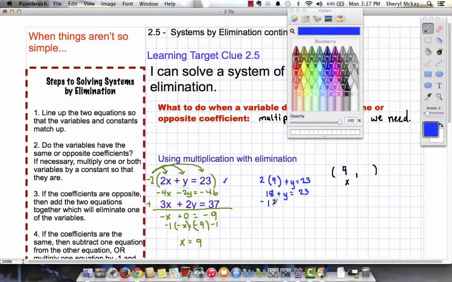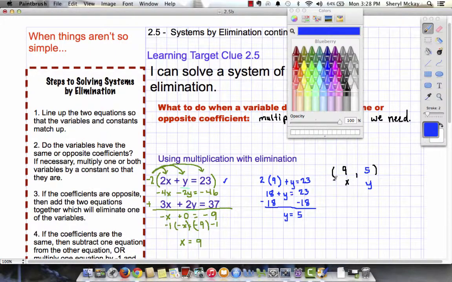Subtract 18 from both sides because I'm going to isolate my variable y, and I get y equals 23 minus 18, which is 5, right? y equals 5. So I'm going to go ahead and say that y is 5. Okay? So my point that would be a true statement for both of my equations is 9, 5.